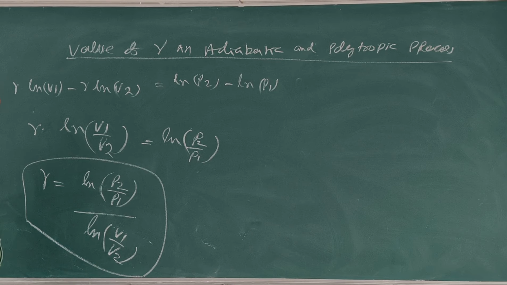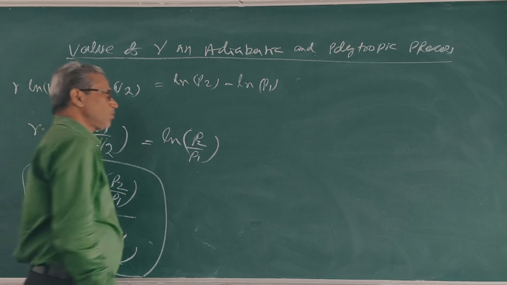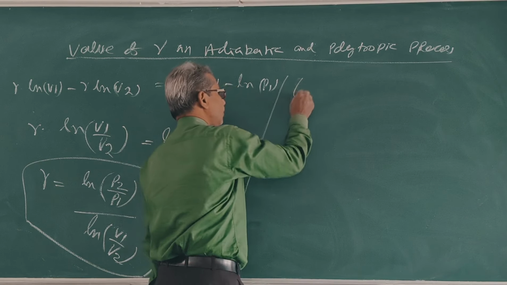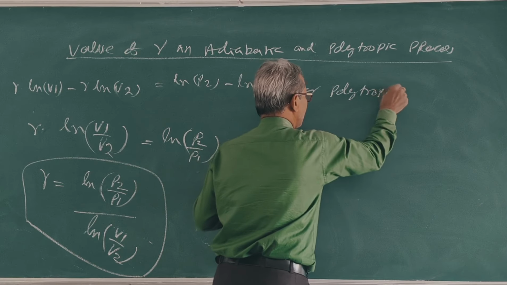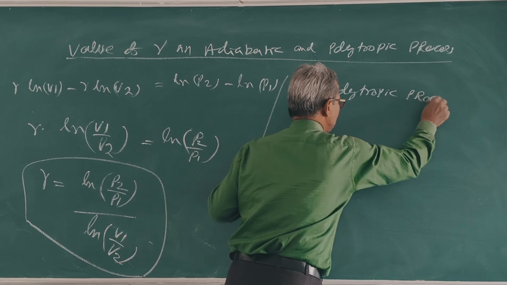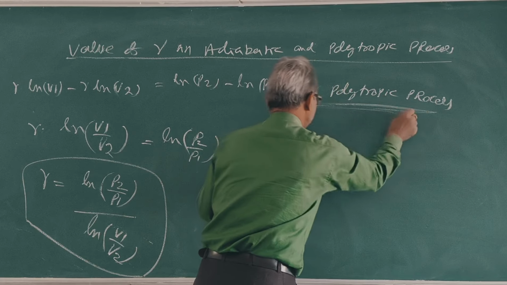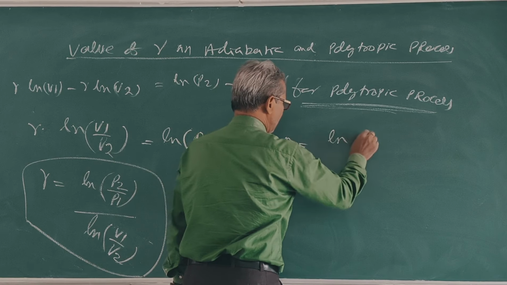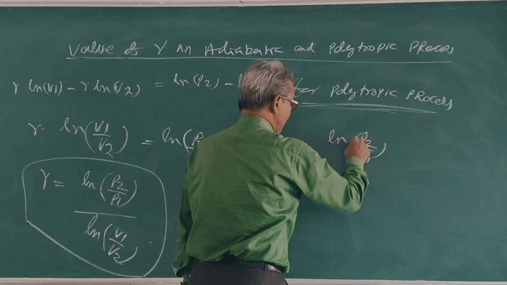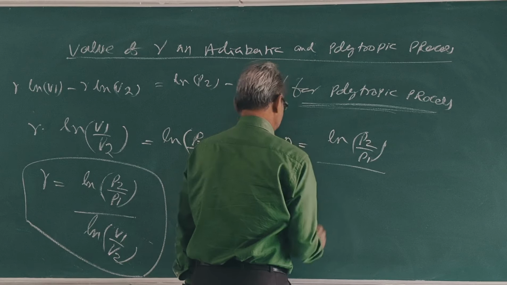Similarly for polytropic process, n is equal to ln P2 by P1 whole by ln V1 by V2.